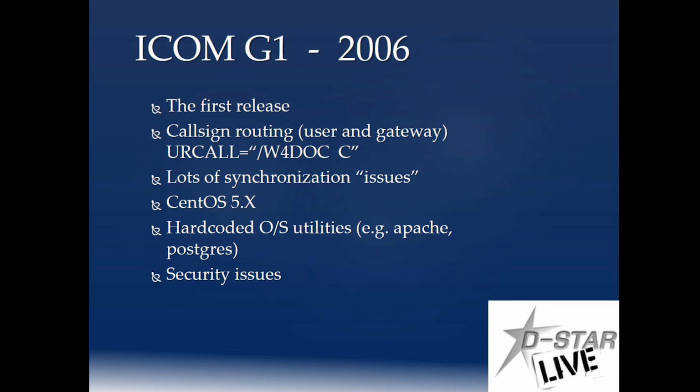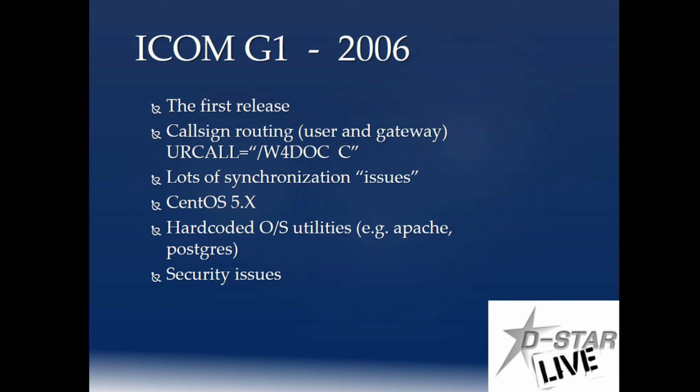It was also at the time on CentOS 5, which is a Red Hat, I don't want to say knockoff, but a copy of Red Hat, which sells sales and support for Red Hat Linux. And the CentOS project takes that same source code, because Linux is all open source, and they duplicated it and renamed it CentOS.